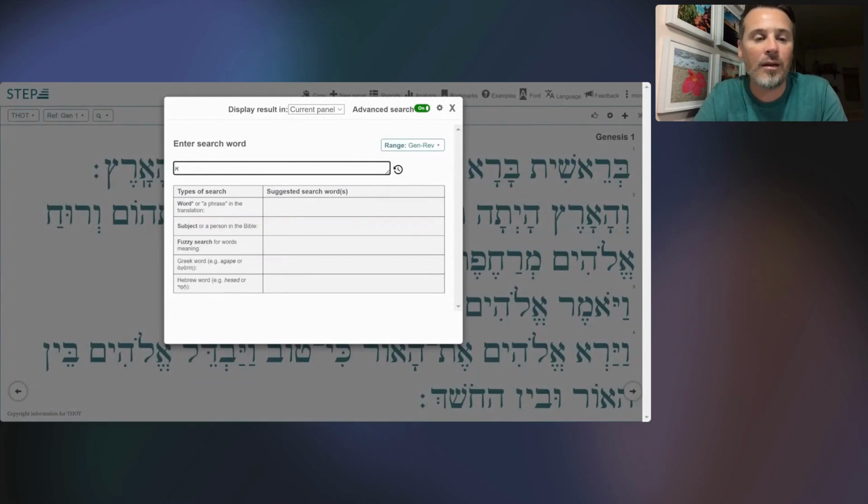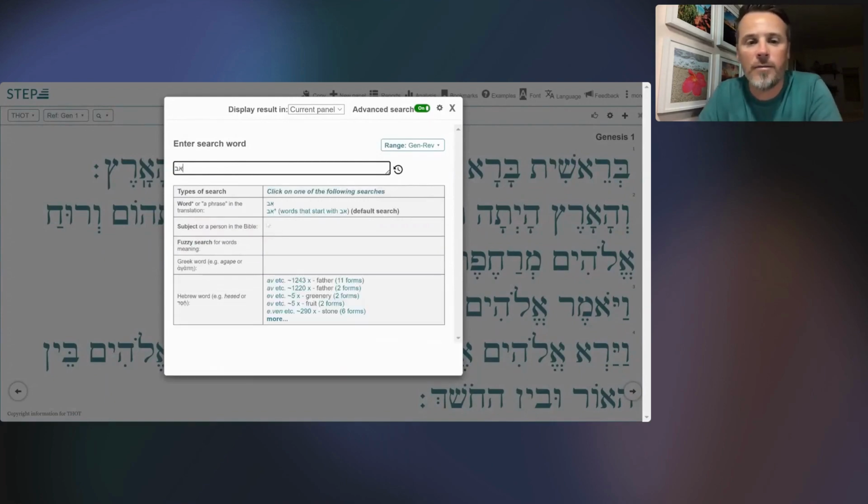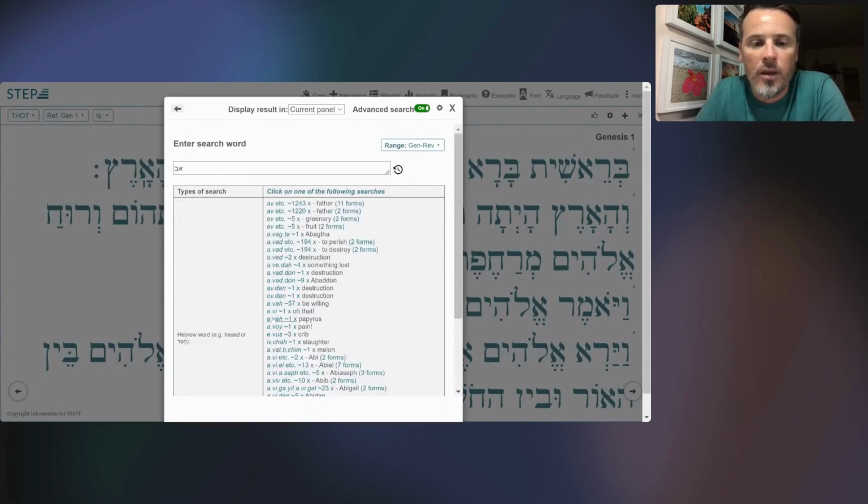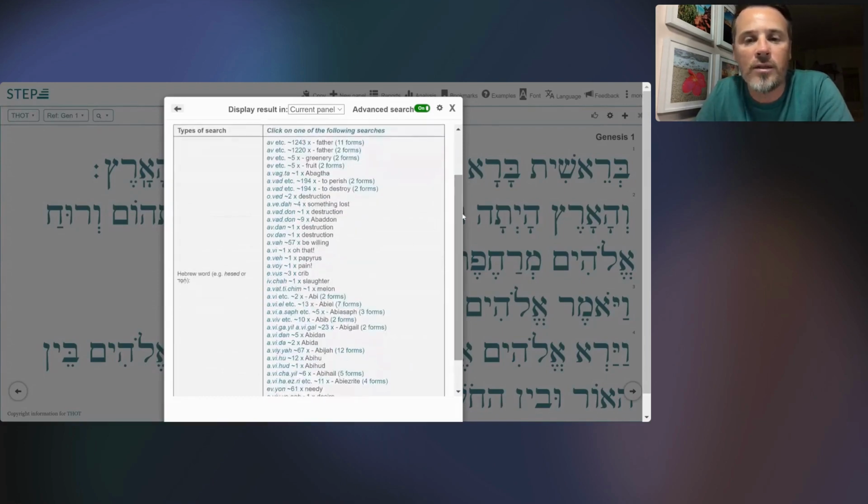So I'm going to type in my aleph and then my bet, and you'll see that I get a host of options that pop up here. Now, when you have that, what's often described as a placeholder, that aleph, depending on the vowel pointings that the aleph might have under it, the nikkud, it can take on a different sound and a completely different meaning.